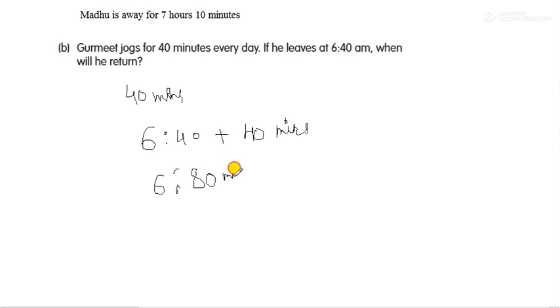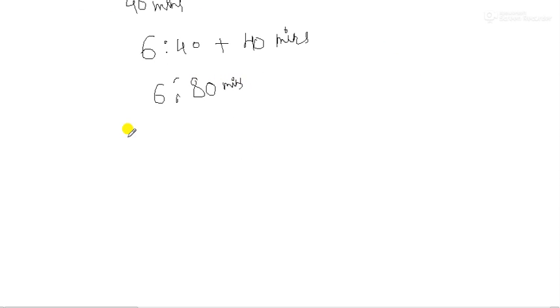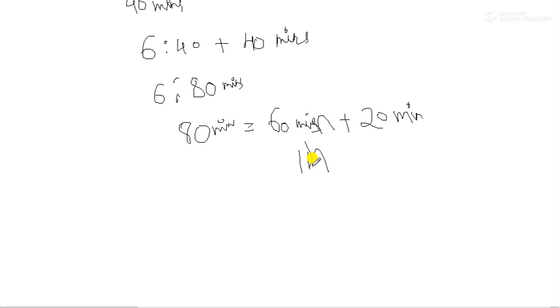Here 6 hours 80 minutes. So convert this 80 minutes: it equals 60 minutes plus 20. 60 minutes means 1 hour, and 20 minutes.